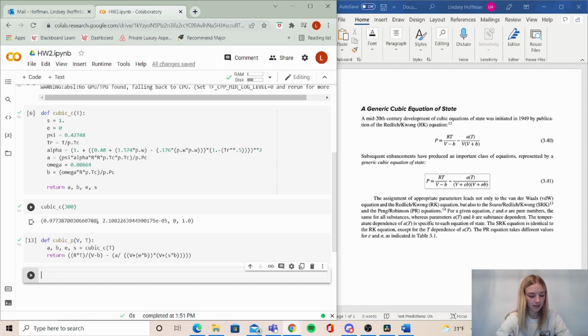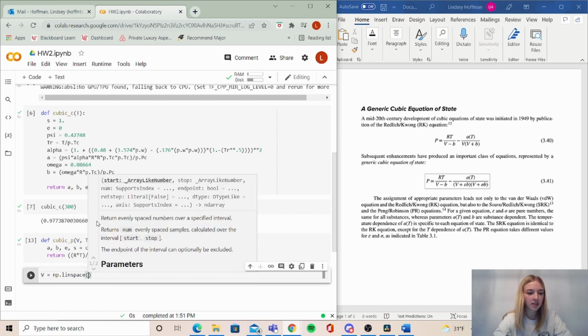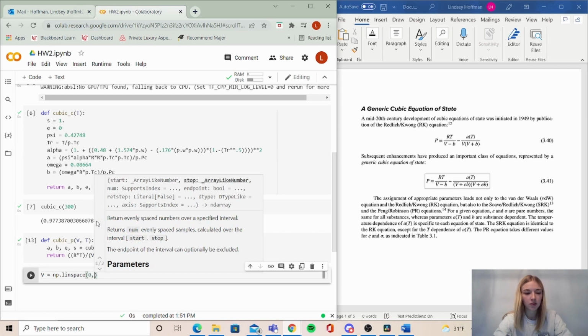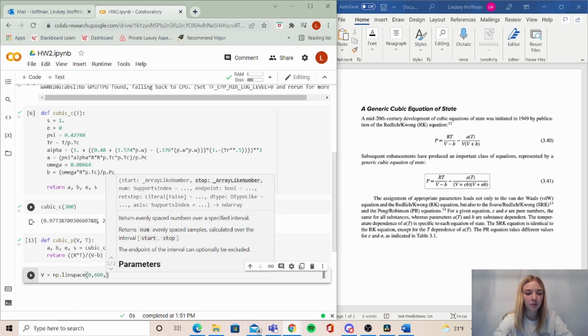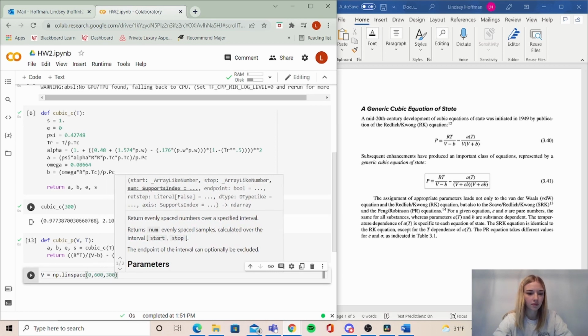So we're going to define our V first. I'm sorry, we need to do numpy linspace. This is going to give us linearly spaced specific volume values. And so we need to specify a range. We'll go 0 to 600, and we'll say there's 300 points.